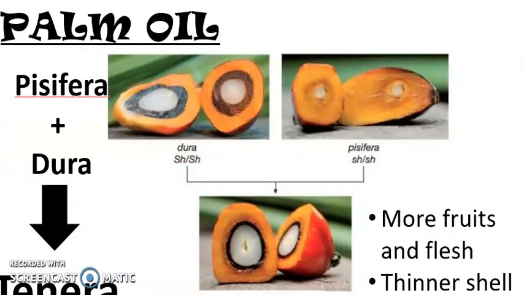Examples like palm oil. Okay, so palm oil, the parent plants are Pisifera and Dura. It will get a hybrid plant which is Tenera. Okay, so the characteristics of the hybrid plant is to have more fruits and flesh and thinner shell.